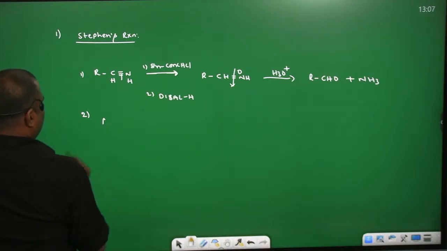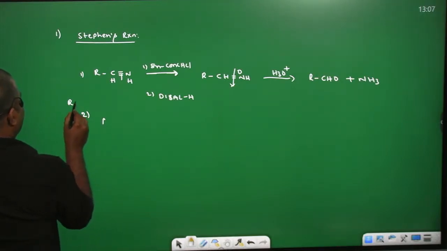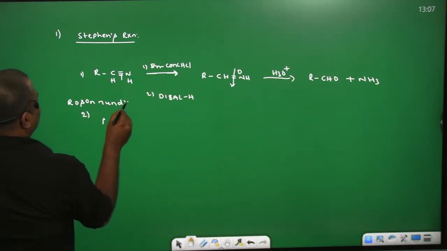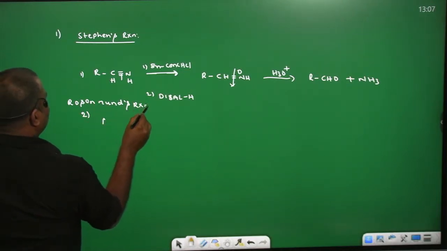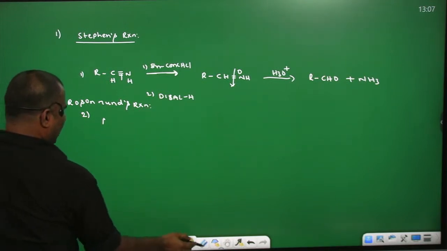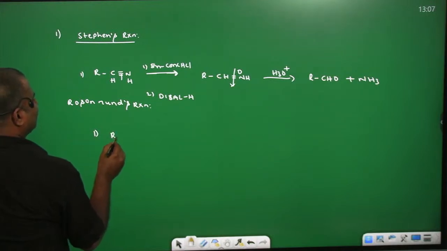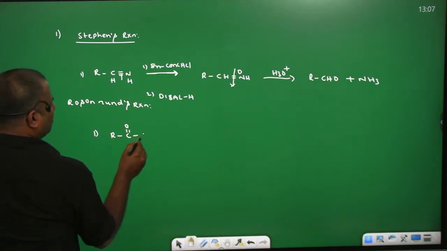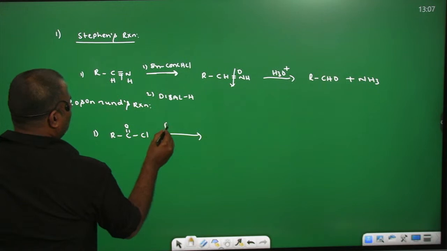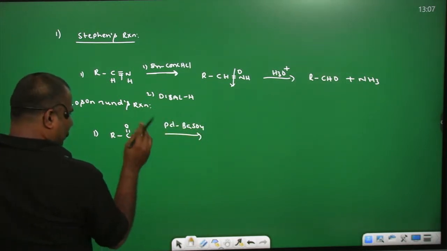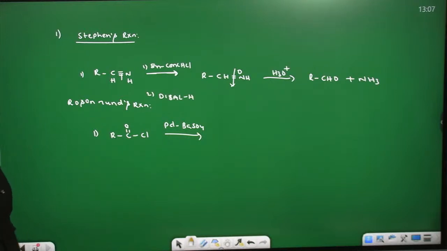The next one is Rosenmund reduction. What is that? Rosenmund reduction or reaction. We use acid halides, RC double bond O Cl, with palladium and barium sulfate. This is actually the Rosenmund reaction. What will happen?